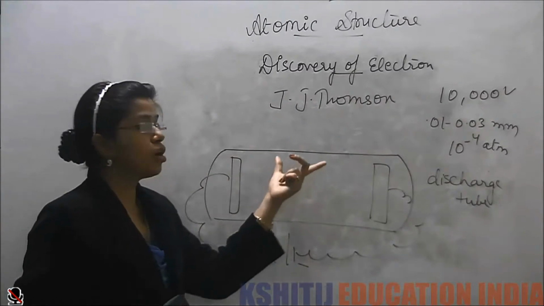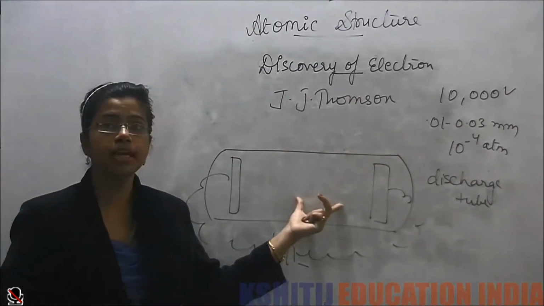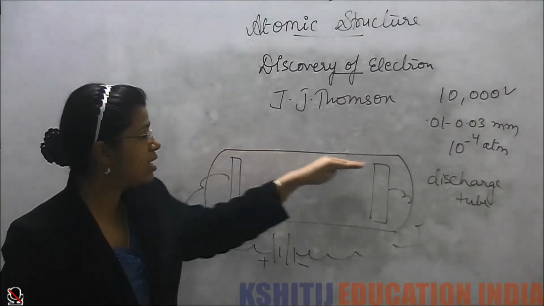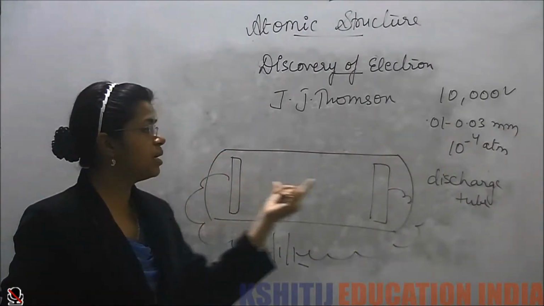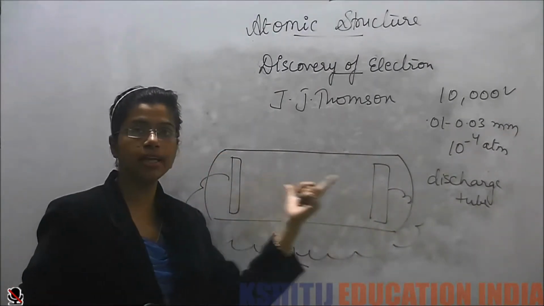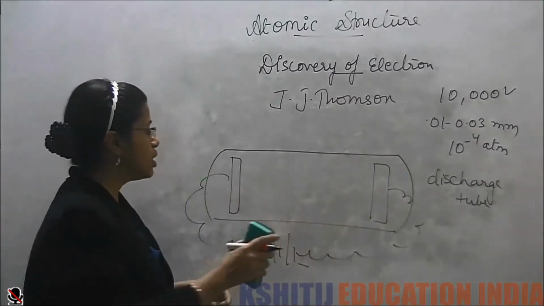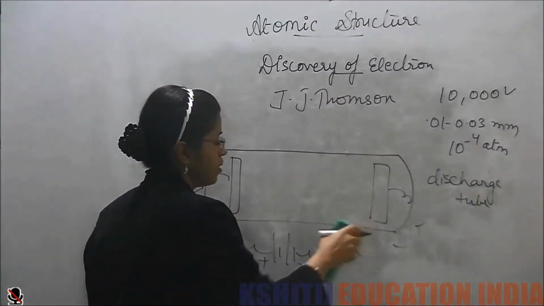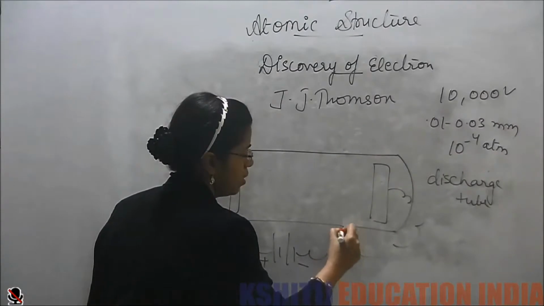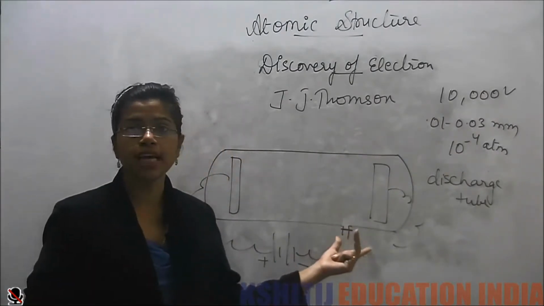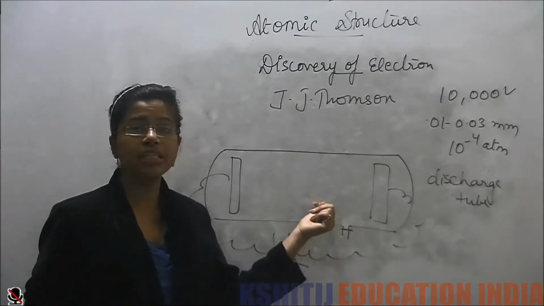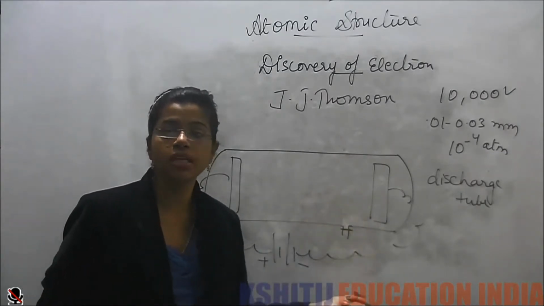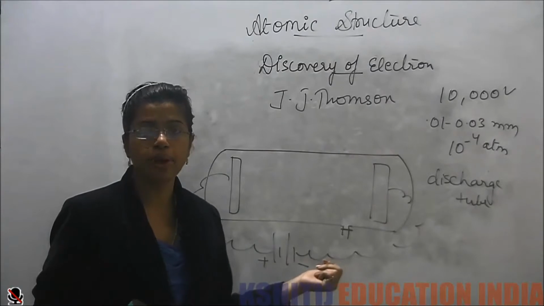The common discharge tube consists of a hard glass cylindrical tube. There are two metal electrodes on either end, and it is connected to a side tube through which it can be evacuated. The pressure inside the tube could be reduced with the help of a vacuum pump.